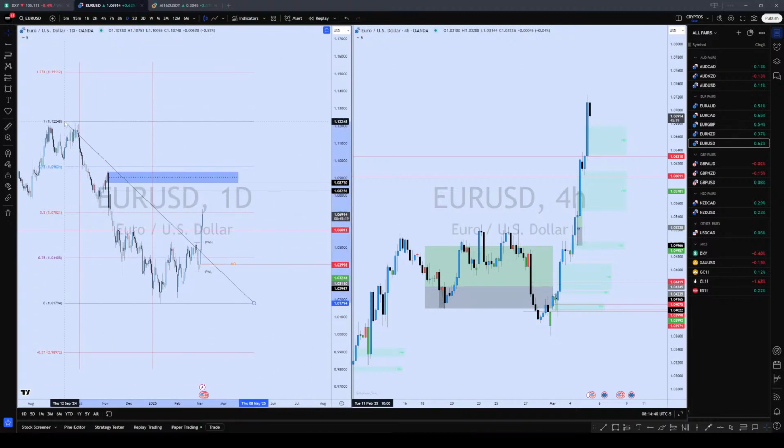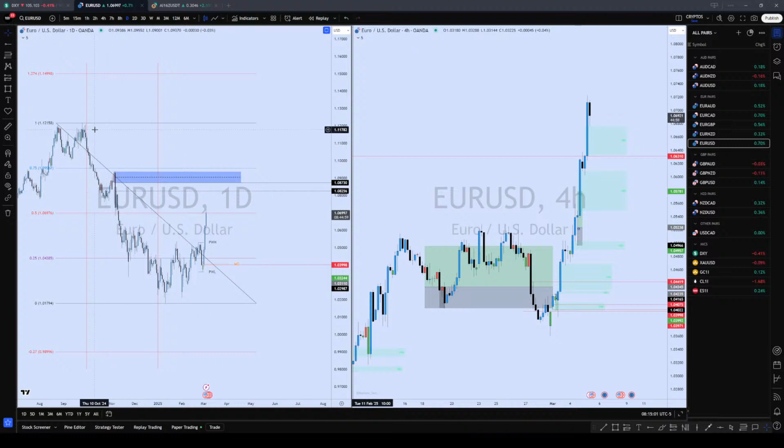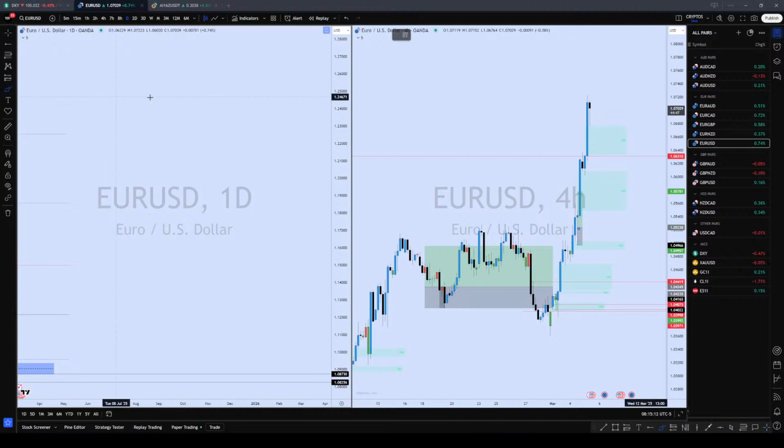So there is an idea of how you can basically predict what price is going to do, where trade ideas are going to form, by knowing a range, by understanding when a range is forming, or when price is going to trade inside a specific price level.